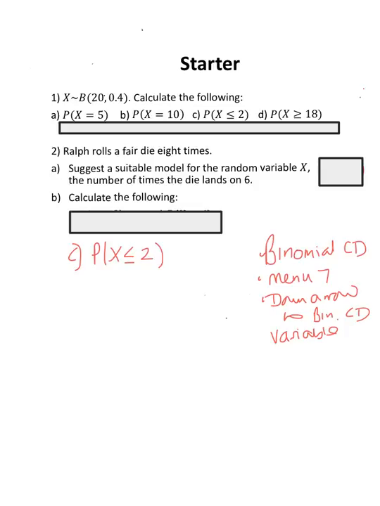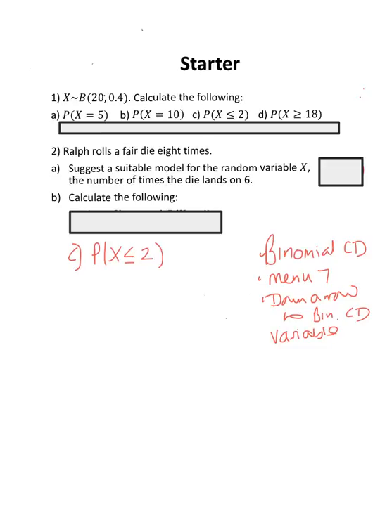So for part C, we're going to work out the probability that x is less than or equal to 2. So that's probability equals 0, 1 or 2. So because it's a cumulative thing, so 3 different possibilities, we're going to use the binomial CD on our calculator. So you press menu 7, press the down arrow until you get to binomial CD.